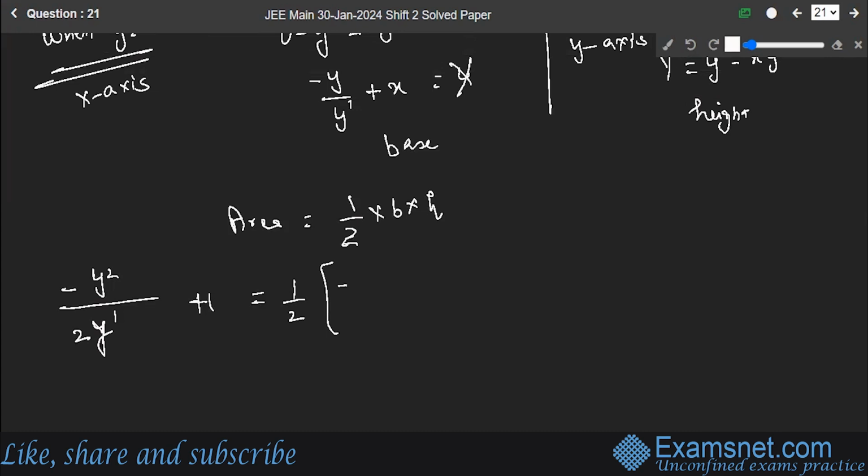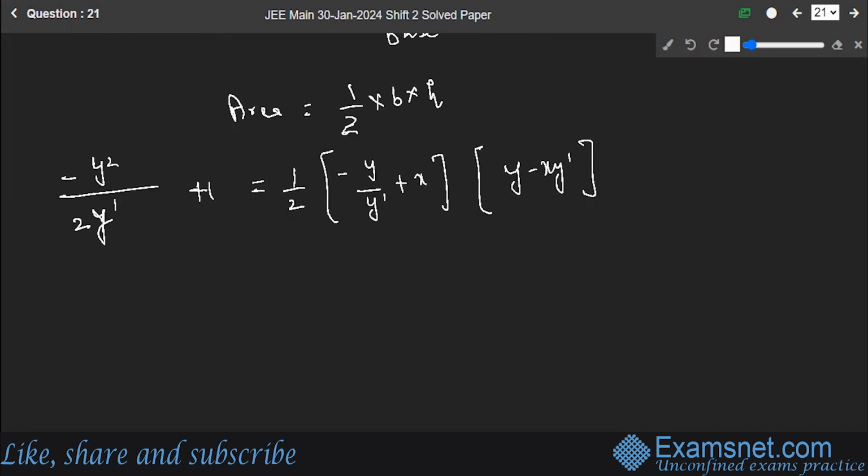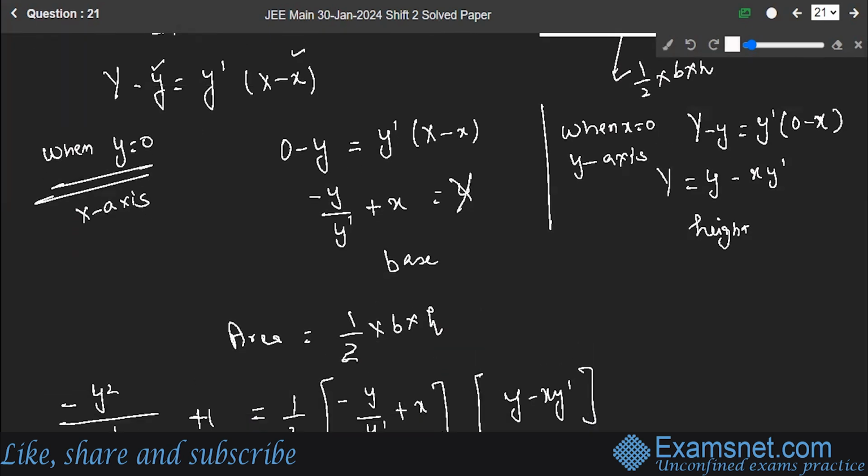This is minus y upon y dash plus x, into the height. Okay, so let's simplify this. You will have a minus 1 by 2 into y dash plus x by 2, right?